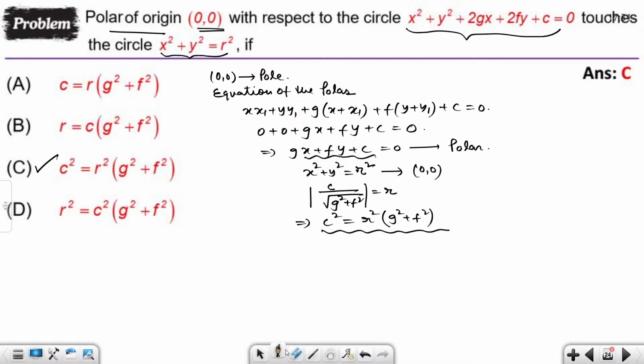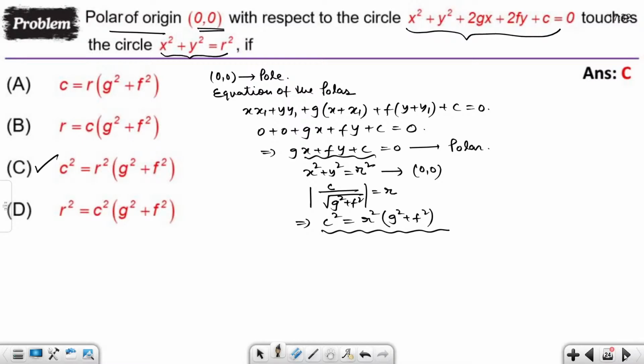Only the tangent part is included here to find a relationship between the given constants. That's it. Okay? So I hope the pole and polar concept is clear to all of you, because we have discussed this subtopic in depth.